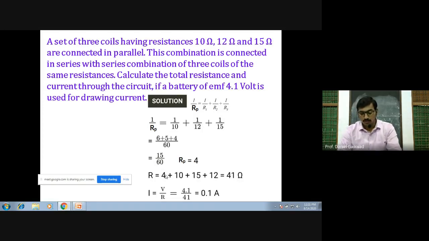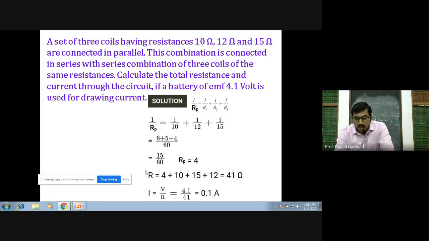Now check carefully the series combination. Series combination of Rp means 4 plus first resistance R1, then R2 and R3: 10 plus 15 plus 12, and plus their parallel combination Rp. All these we have to connect in series. So how much is total resistance?